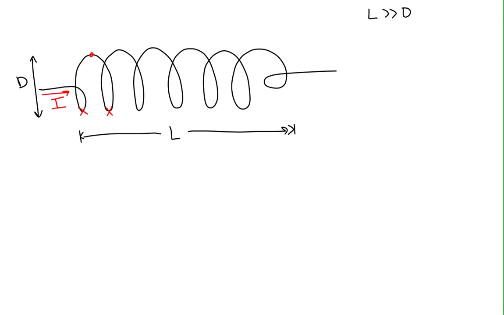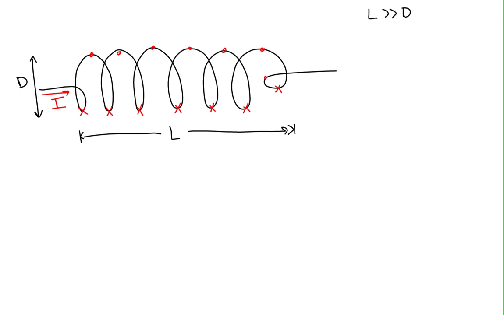So each of these loops indicate the direction that the current is going at either the top of the loop or the bottom of the loop. So from this perspective, the current is either coming towards us or moving away from us.